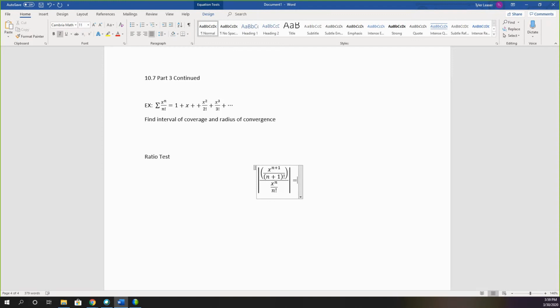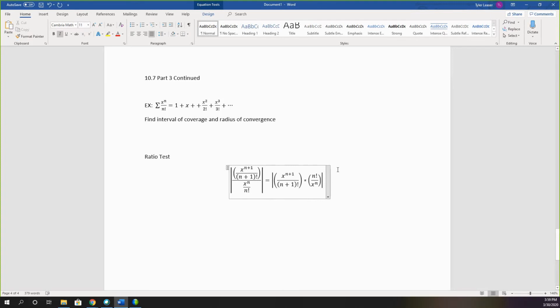Remember, we're just going to rewrite this as the top fraction multiplied by the reciprocal of the bottom fraction. So I'll go ahead and write that all out. You still have the absolute value. This is still x to the n plus 1 divided by n plus 1 factorial, but now it's multiplied by the reciprocal of the bottom, n factorial divided by x to the n.